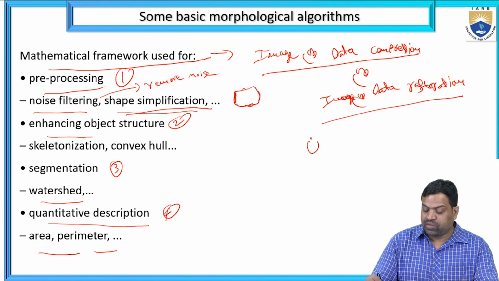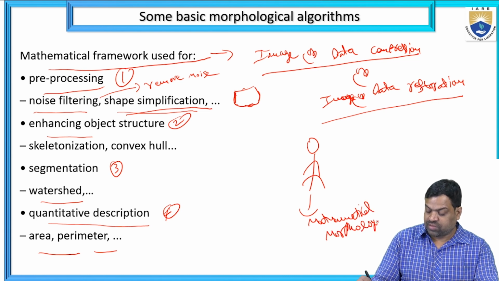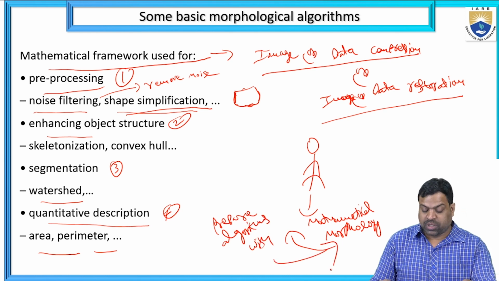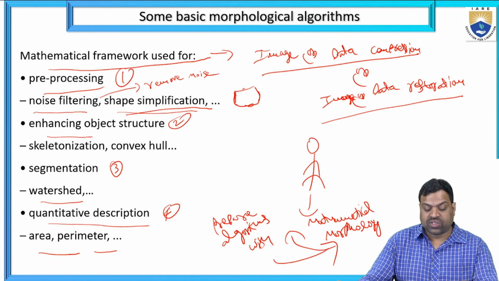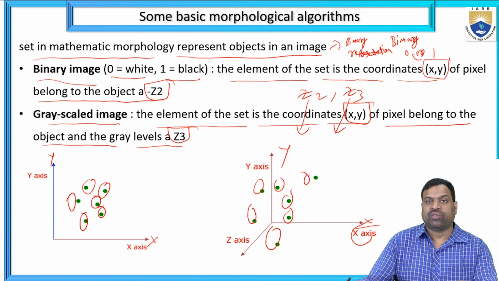So if I am taking any image, mathematical morphology is important because we prepare algorithms with mathematical morphology. So what are the frameworks? Pre-processing, noise filtering, shape simplification, enhancing object structure, skeletonization, segmentation, quantitative description, area or perimeters are the mathematical frameworks.